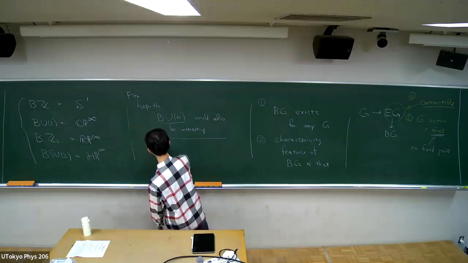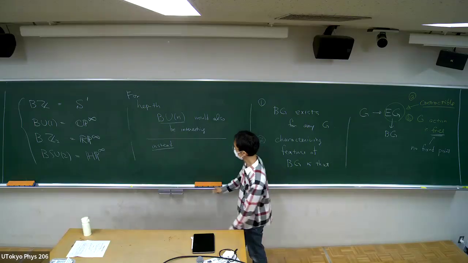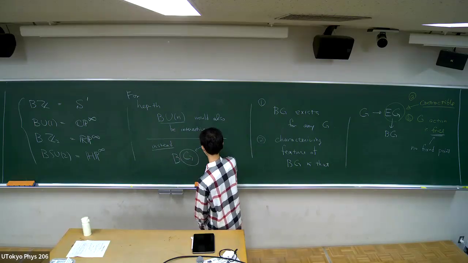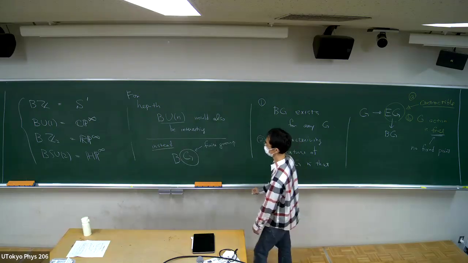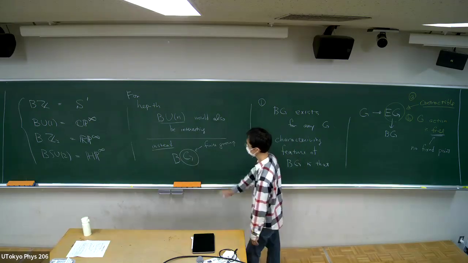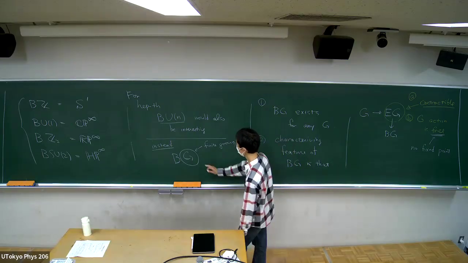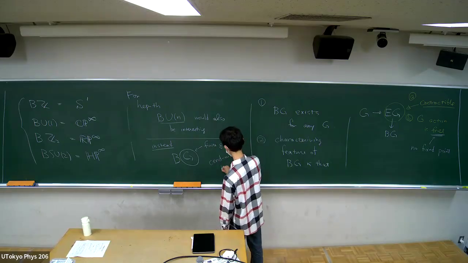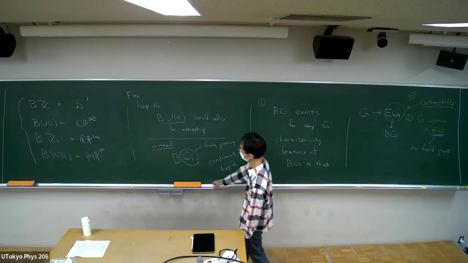But instead, I'd like to start the second part by talking about BG for finite group G. Because this also gives us a nice class of examples, and this has lots of Condmat and HEP-PH applications. So I'd like to discuss this.